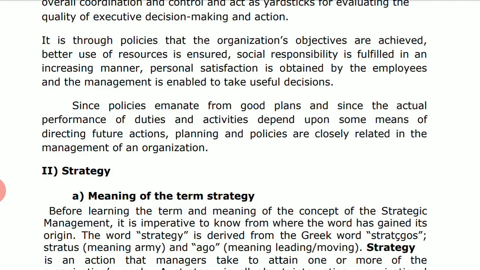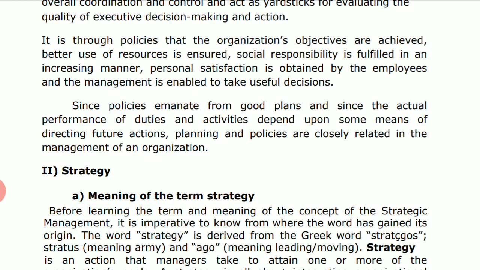So this is all about business policies that we have seen here in this session. In the next session we'll be going with the second part, that is strategy, and then we move on with strategic management. I think the portion of business policy is clear to you.